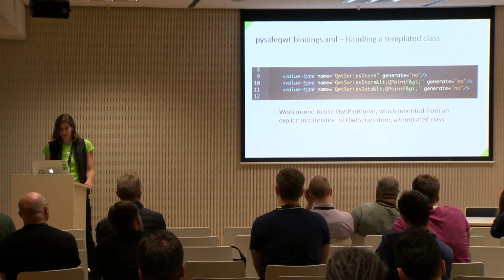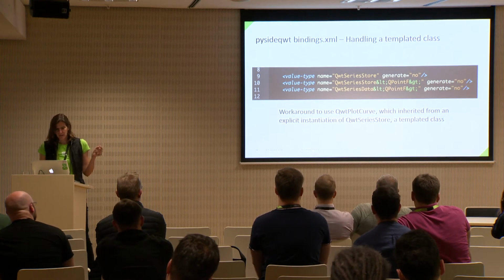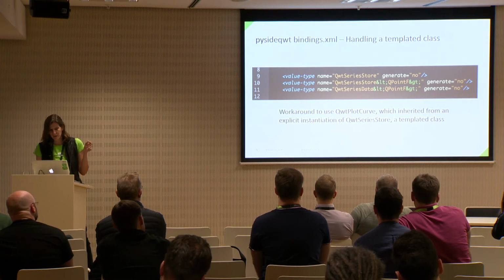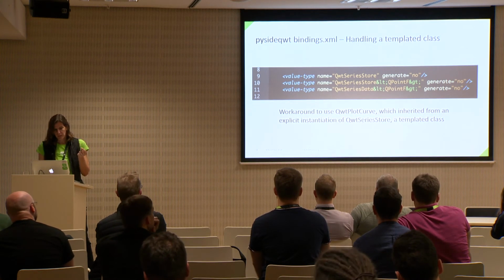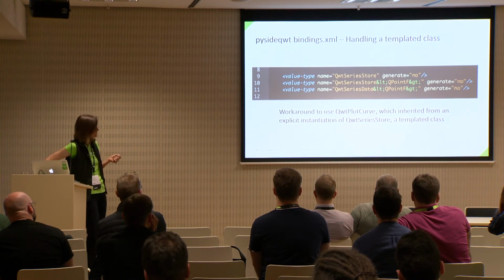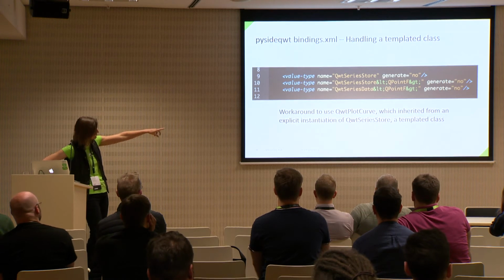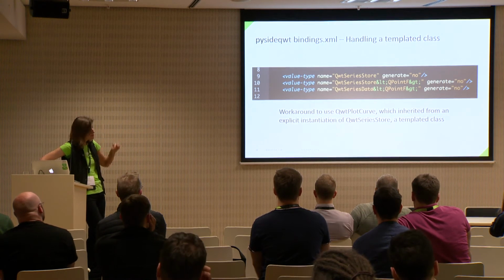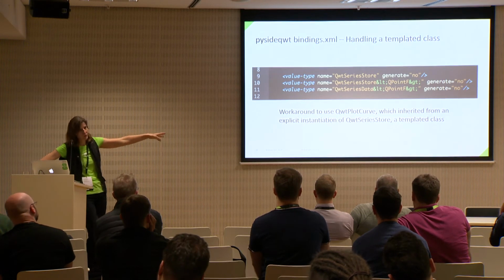And then one more thing from the bindings type system file: Shiboken does not have the ability to wrap templated classes. One of the key things we needed to use in QWT was QwtPlotCurve, which inherited from an explicit instantiation of QwtSeriesStore, a templated class.